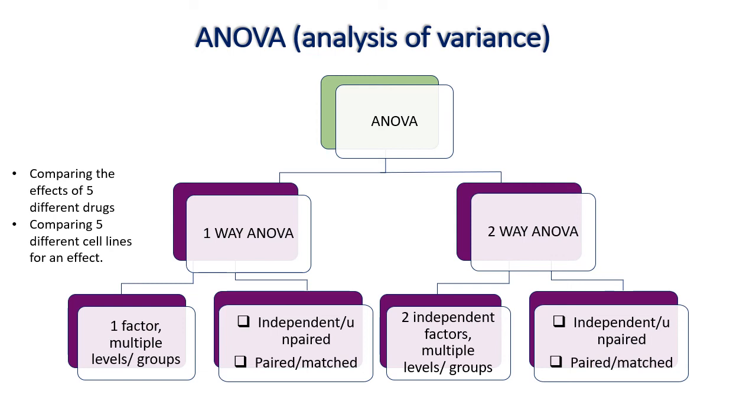So moving on to two-way ANOVA, this deals with two independent factors or variables and interaction with multiple levels or groups as earlier. This also could be independent or paired or matched.